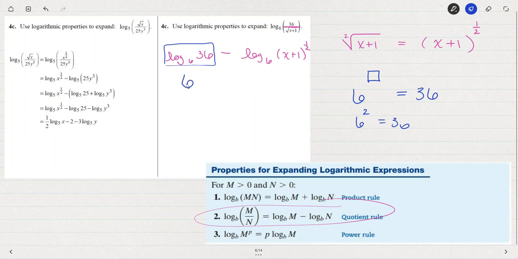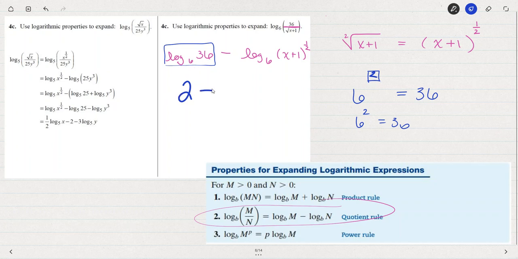And that answer is, I'm sorry, not a 6, simplify it to a 2. Log base 6 of 36, 6 to the second exponent, the missing exponent is 2. So log base 6 of 36 is 2, because 6 squared is 36.